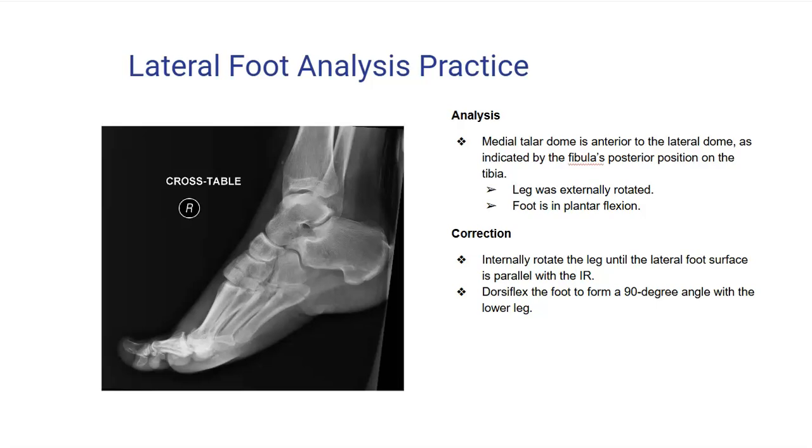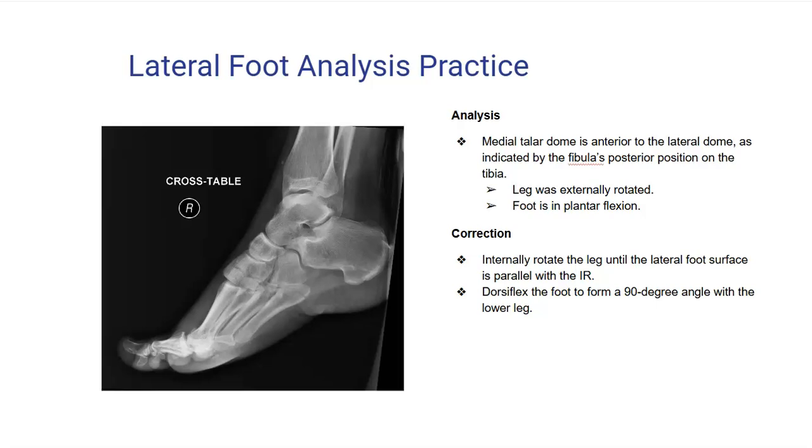In this practice analysis of the lateral foot projection, you can see that the medial talar dome is positioned anterior to the lateral talar dome, which is indicated by the fibula's posterior position on the tibia. The tibio-talar joint space is closed, so that should indicate to you we've got some type of either elevation or rotation issue.